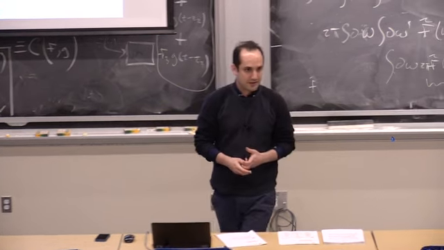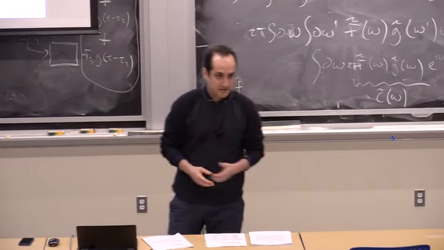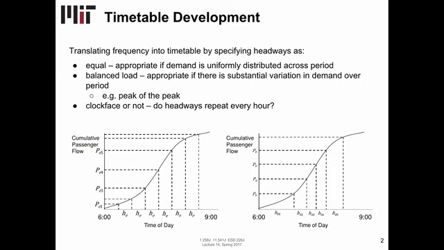It's easier for the passengers to remember the schedule. Exactly. If the waiting time estimations that we are doing with respect to frequencies and headways, if passengers are able to coordinate with the service, the expected waiting time would be less than the situation where they cannot coordinate with the service.